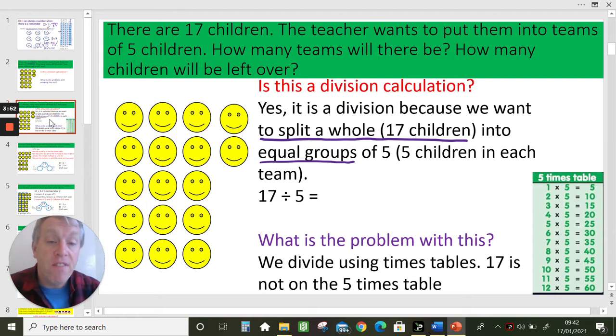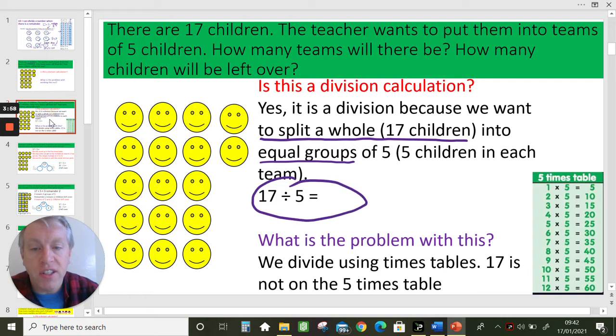Here, 5 children in each group. So we are doing 17 divided by 5. Well, the problem with that is that 17 is not on the 5 times table. And we have learnt already that when we're dividing, we're using our times table. So how do we overcome this problem?